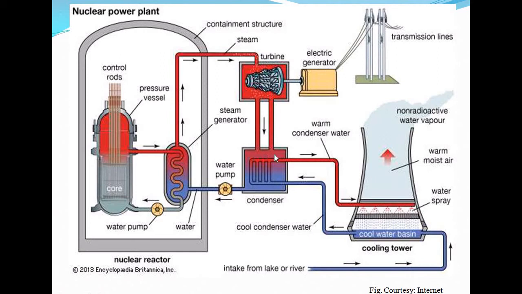From this condenser there will be warm condensed water. Again that will be circulated to this cooling water, and here non-radioactive water vapors will be released to atmosphere, warm moist air. Again this water is circulated, here you can see.